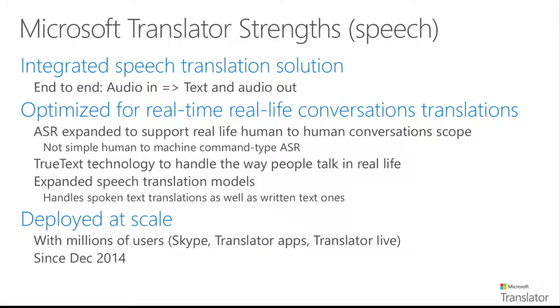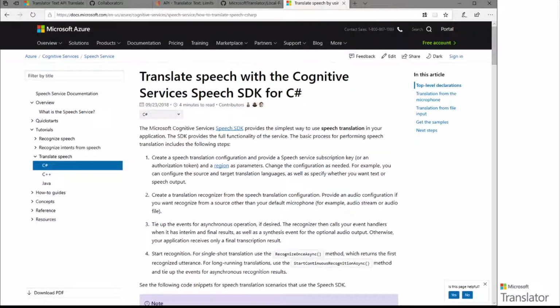Microsoft offers a fully integrated speech translation solution here, allowing you any case of audio in and giving you multiple ways to receive the output for multiple processing opportunities. It's really optimized for real-time conversations and translations, works offline just as well, but real-time is the primary use case the system has been designed for, which gives you the superset of all the scenarios.